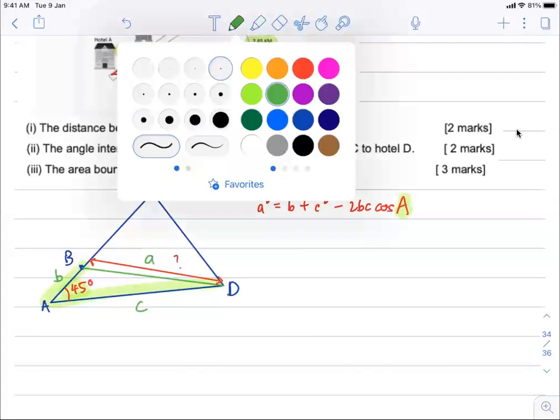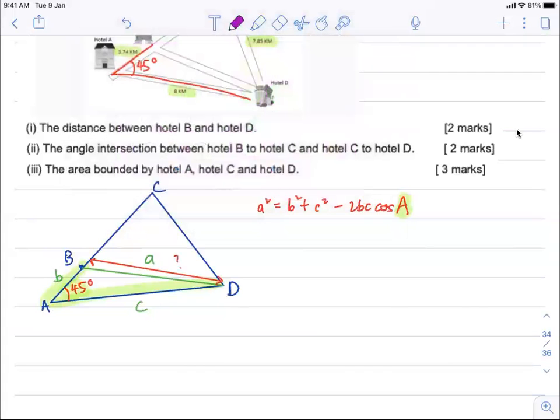Okay, so we can write down: A is BD square, B square is AB, C is AD, 2BC is AB multiplied by AD. And then cos A is cos angle BAD.